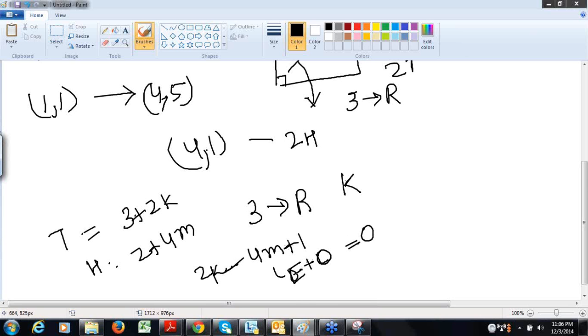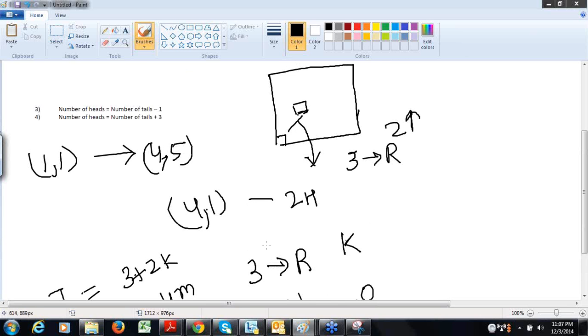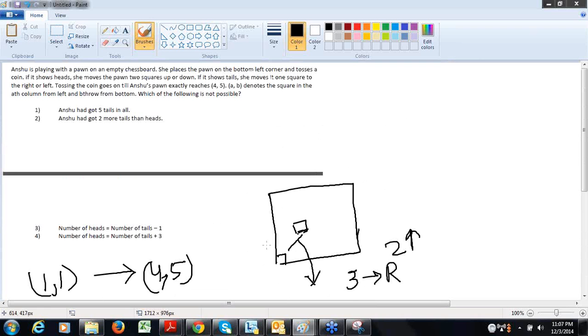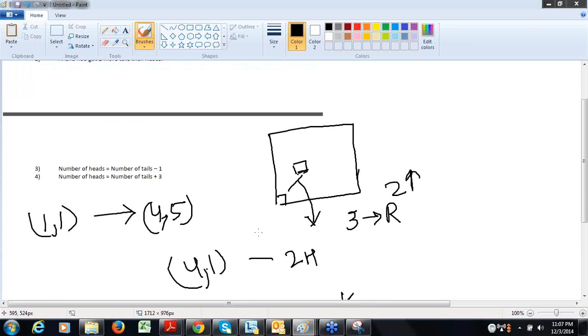So we have option number 4. So option number 4 can be eliminated, as it has got more than 2 more tails than heads.